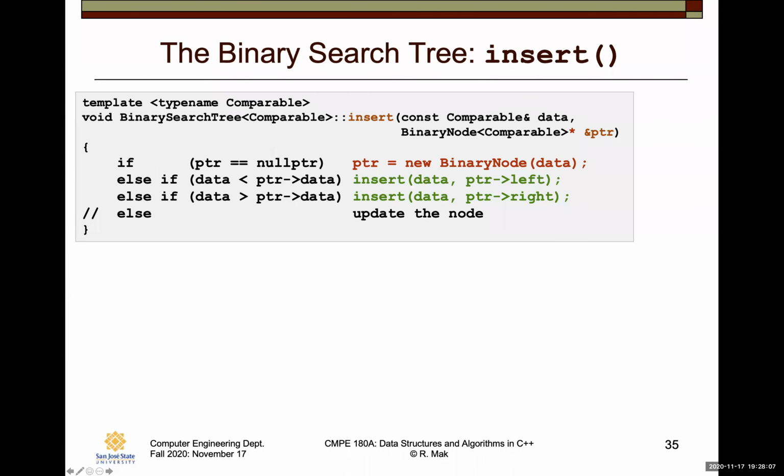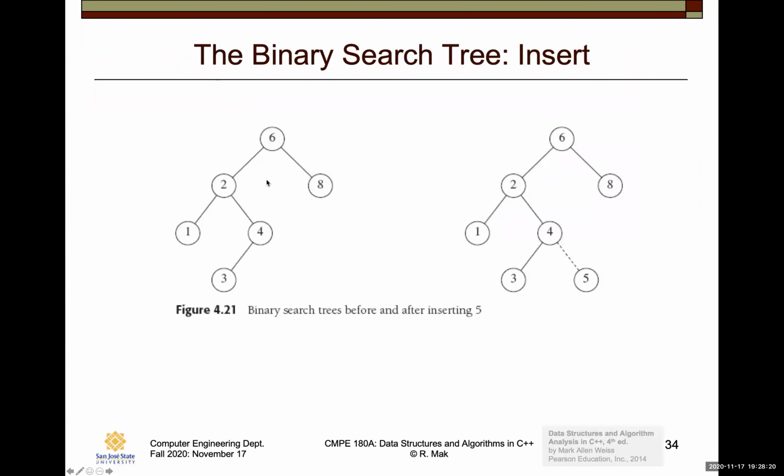But the key thing is that as soon as we encounter a null pointer, we replace that pointer with a pointer to the new node. And that's where we do the insertion. We're inserting 5. We go left, we go right. We try to go right, but this is a null link. So we replace that null link with a pointer to the new node that we're inserting. So that's how we insert into a binary search tree.